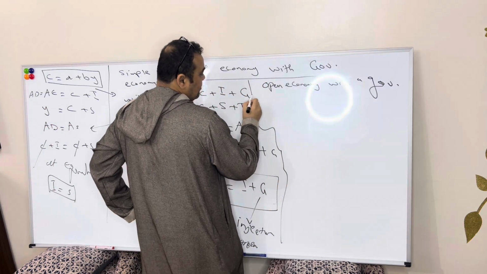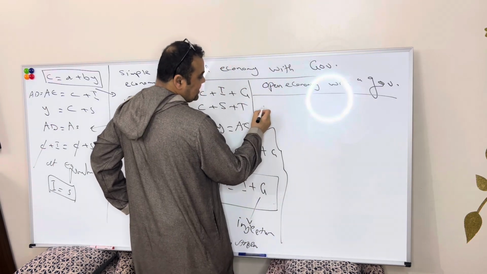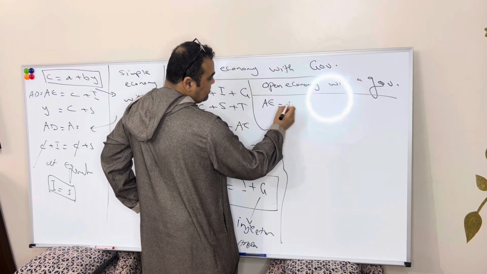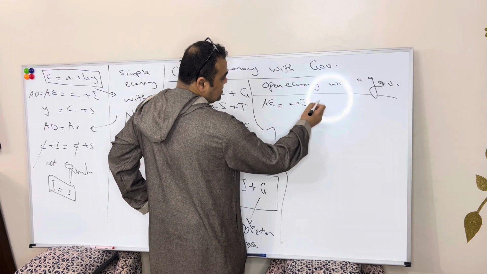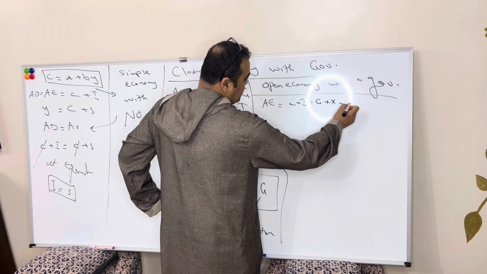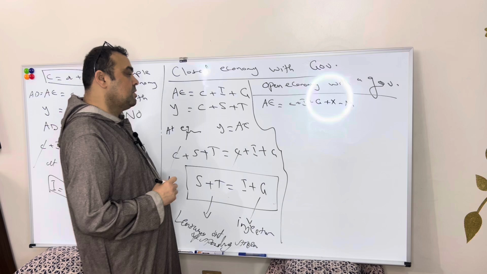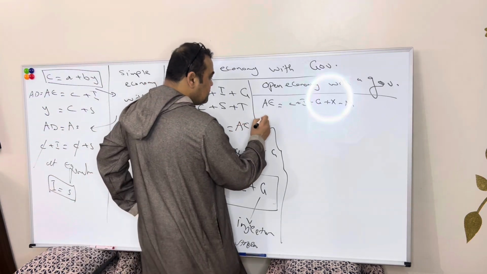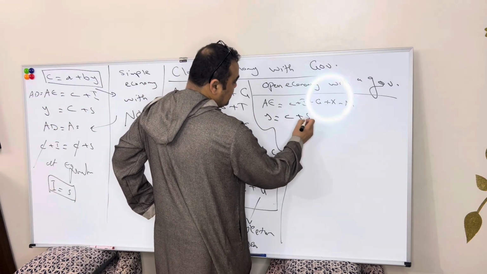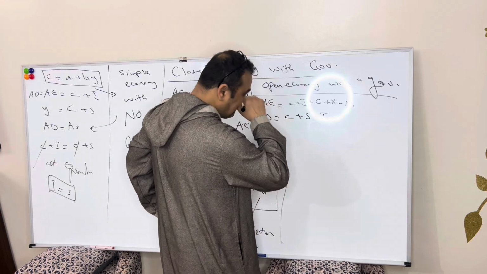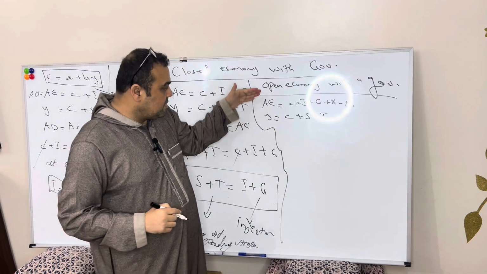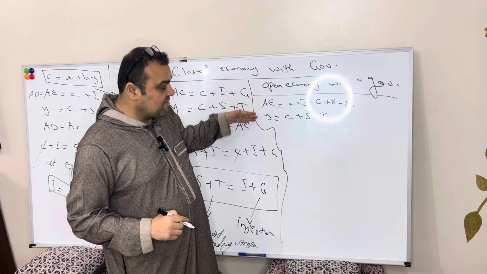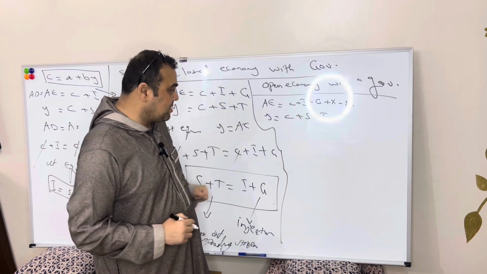In the open economy with the government, the aggregate expenditures, the aggregate demand, is C plus I plus G plus X minus M. Y equals C plus S plus taxes. At equilibrium, the left side must equal the right side.